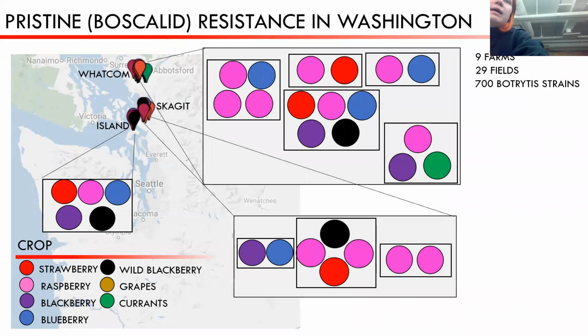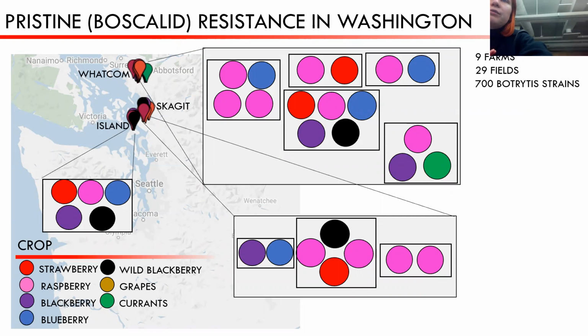When I say widespread resistance, I refer to our data. First, we collected Botrytis strains from 29 fields of different small fruit crops in Washington. Here on the map, you can see a schematic representation of our sampling. We sampled three counties: Whatcom, Skagit, and Island.